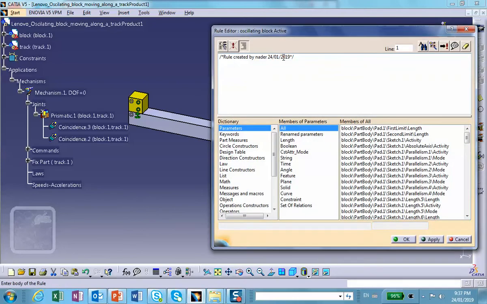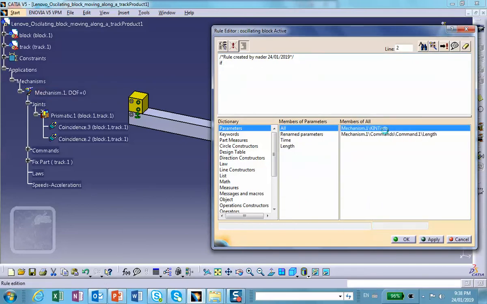Okay, so here is where we can write our program. So I'm going to say if the time is less than 2 seconds. Look at your graph. You can see that.